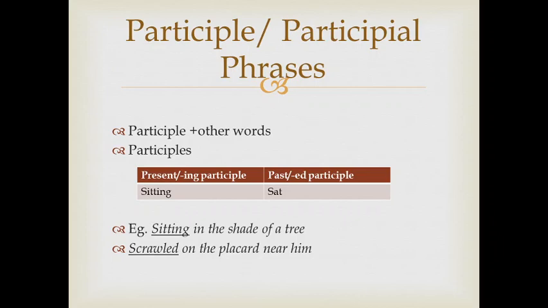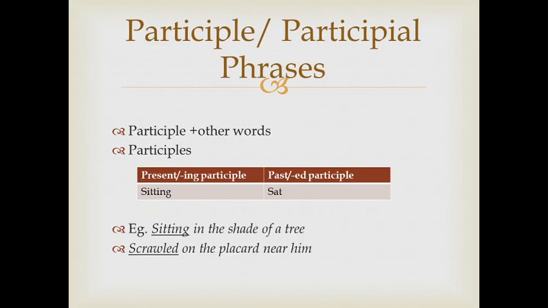What is a participle or participial phrase? It contains a participle plus other words. So a participial phrase contains a participle plus one or two other words. And what are participles? There are two types of participles in English.